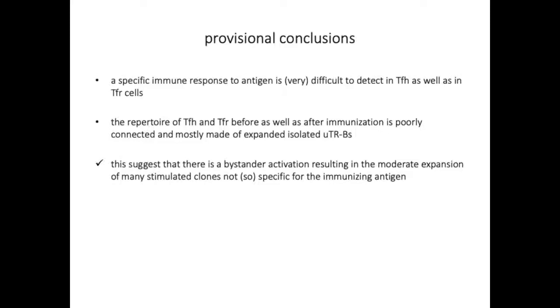The repertoire of Tfh and Tfr, before as well as after immunization, is poorly connected and mostly made of expanded, isolated TCR betas. To us, this suggests that there is a bystander activation in the germinal center, resulting in the moderate expansion of many stimulated clones that are not so specific for the immunizing antigen.